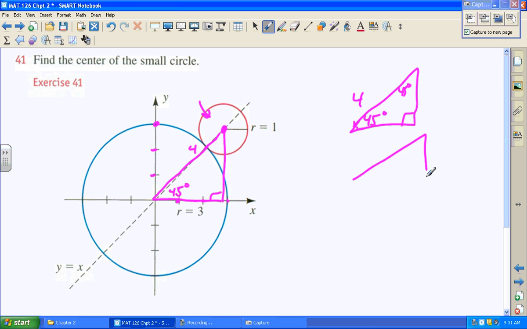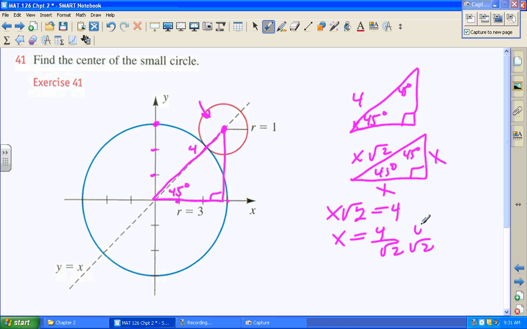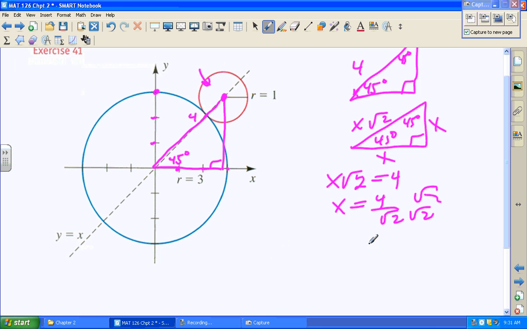What's the reference triangle for 45, 45, 90? There's a root 2, a 1, and a 1. There you go, x, x, x root 2. So what's x going to equal? 4. X root 2 is going to equal 4. So that means x equals 4 divided by root 2. So you rationalize it. You end up with 2 root 2. So this is 2 root 2, and this is 2 root 2.